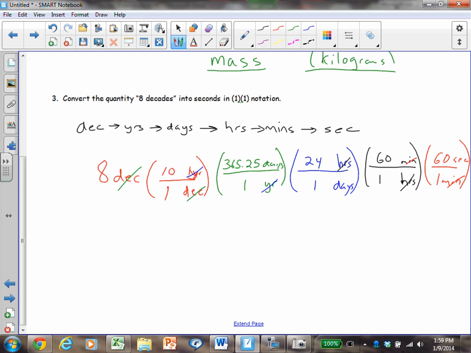So everything's on the top for this one. That helps you. You could do that. Put it over 1. So it's just 8 times 10 times 365.25 times 24 times 60 times 60 equals a lot of seconds.